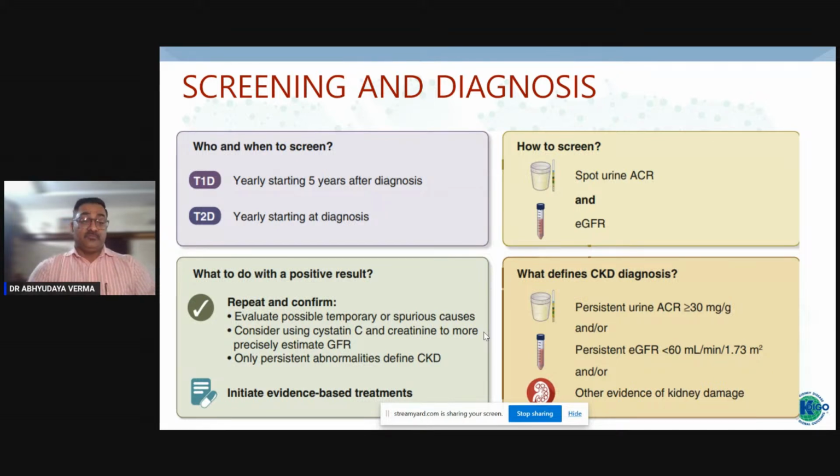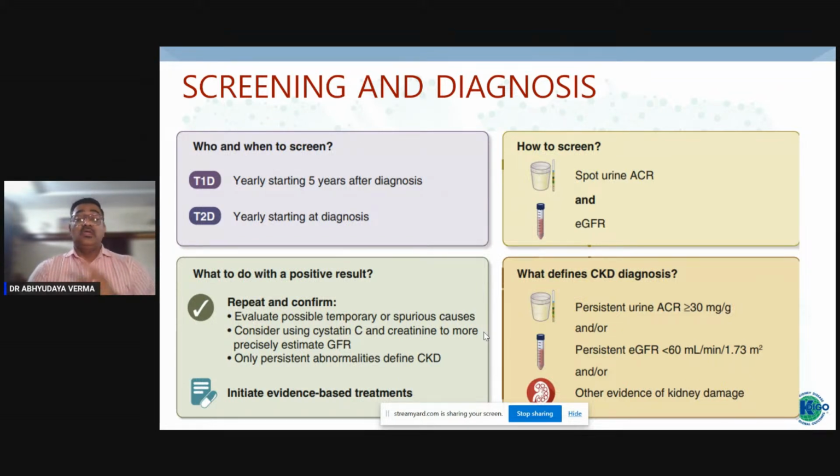Repeat and confirm it, whether it is temporary or due to some spurious causes. Consider using cystatin C and creatinine to more precisely estimate GFR, and only if there are persistent abnormalities, then define it as a CKD and definitely initiate evidence-based treatment.